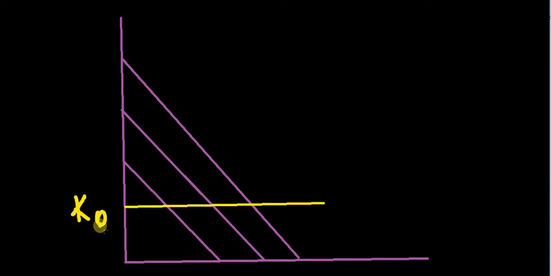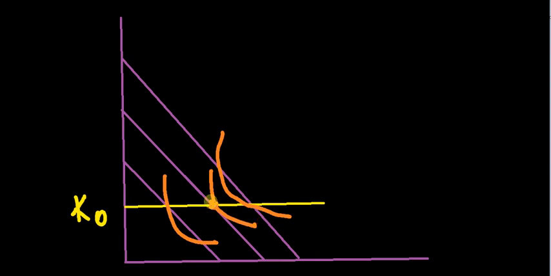Because the level of capital is fixed, it is not necessary that at K naught you attain the tangency condition. It is very much possible that at K naught the isoquant is like this, or like this, or that at K naught the isoquant is actually tangent to the iso-cost line.